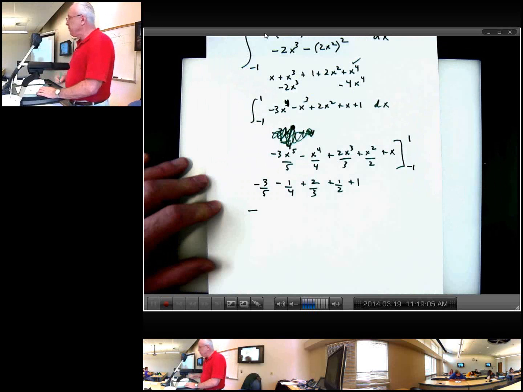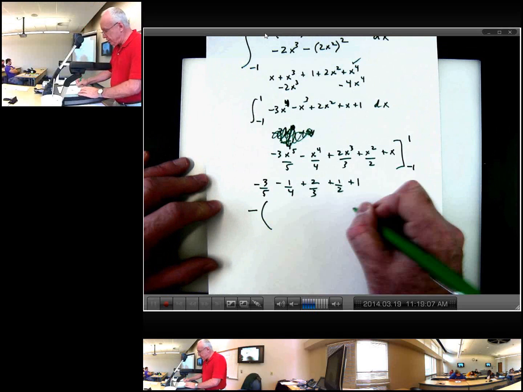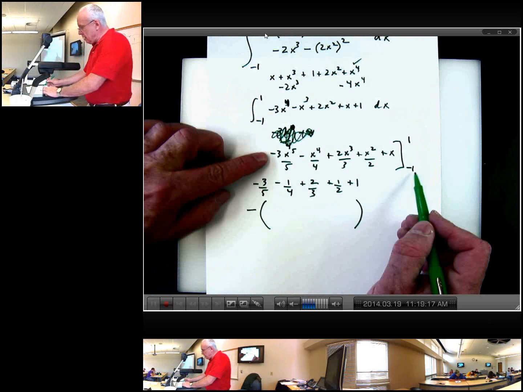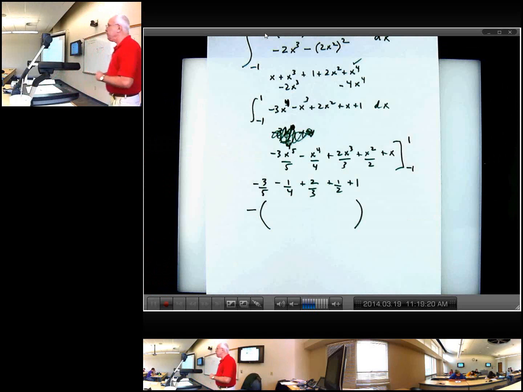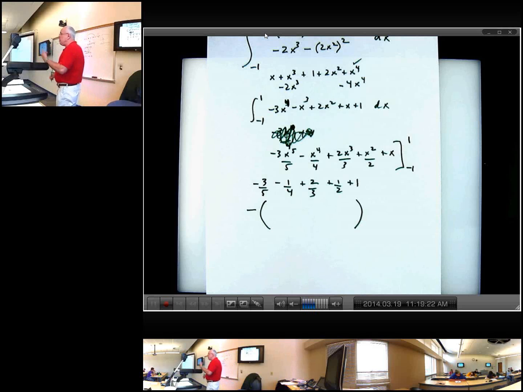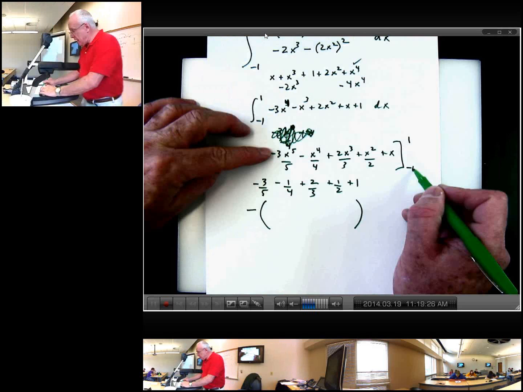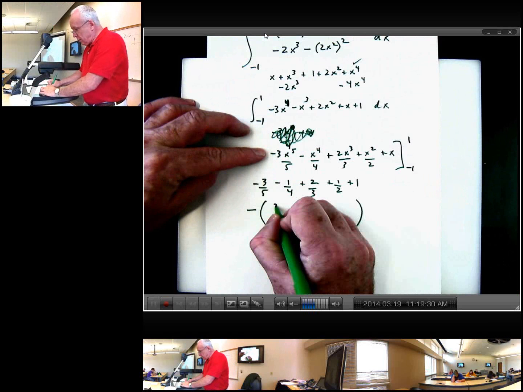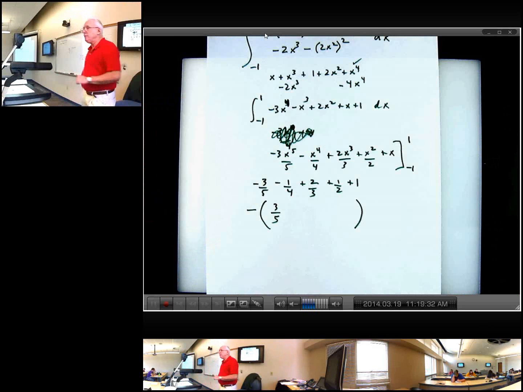So I'm just going to put my minus sign out front here that I know is going to apply to everything that I do for this other one. Now let's see how brilliant I can be here. Now I'm plugging in -1 into x to the fifth. That's going to still be a -1. So that's going to be -1 times -3 over 5. So that's going to combine to a 3/5.